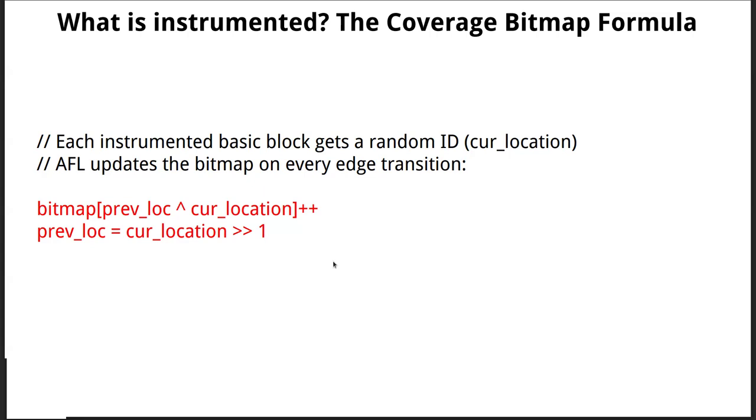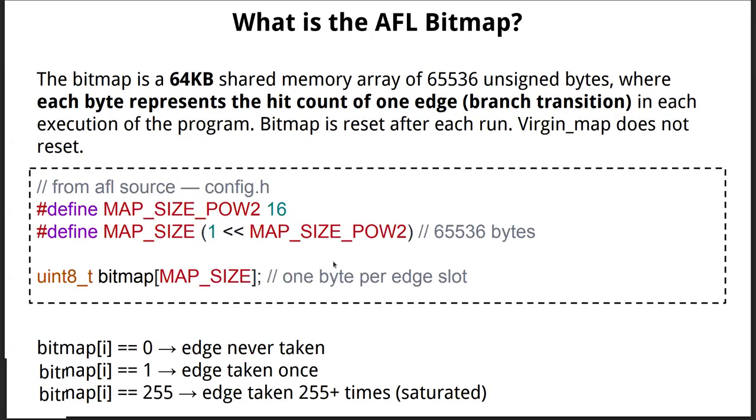So here is the bitmap. This is directly taken from AFL's source code. That bitmap in the default setting is a 64 kilobyte array, and each byte there represents the hit count of one edge. Since it's only one byte, you can represent at most 255.